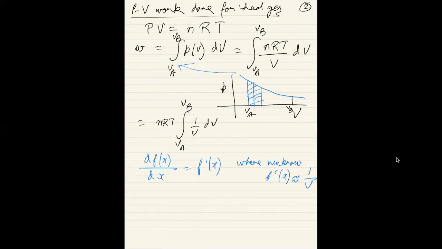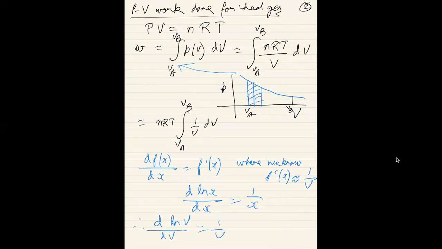That's the analogy that we have over here. So if you have been through the derivative module, immediately hopefully you should recall that the differential of log of x is what gives us 1 over x. Therefore, d log of volume by d volume would be 1 over V.